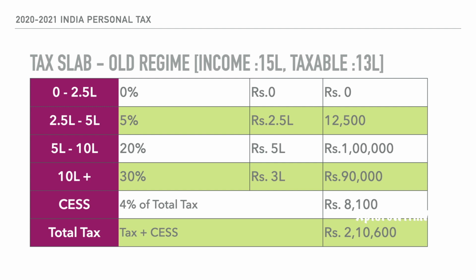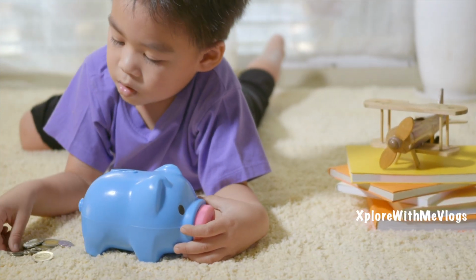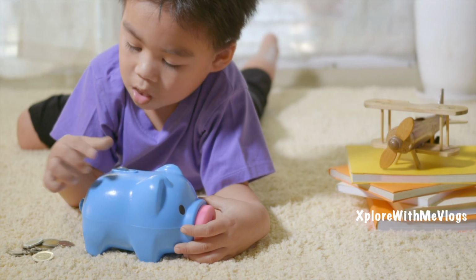The additional 3 lakhs over and above 10 lakhs incur a 30% tax that amounts to 90,000 rupees. Additionally there is a 4% cess tax of rupees 8,100 on the total tax incurred. Together the total tax amounts to rupees 2,10,600. Now let us look at the various options available for us to reduce the tax further.